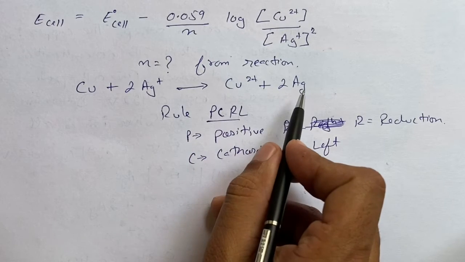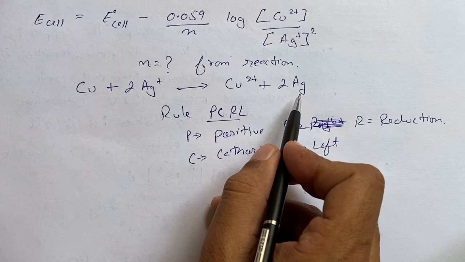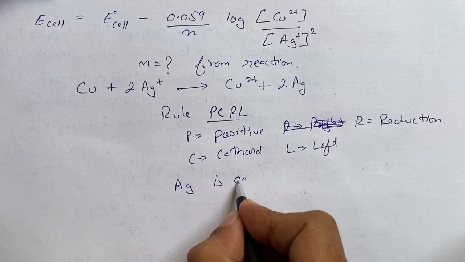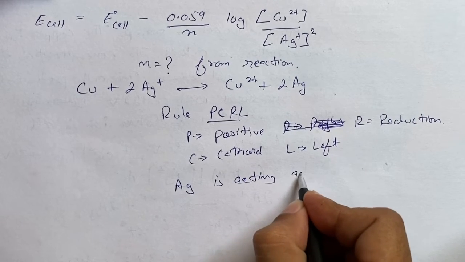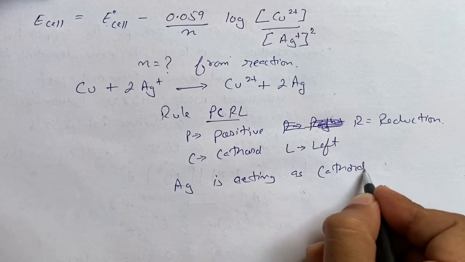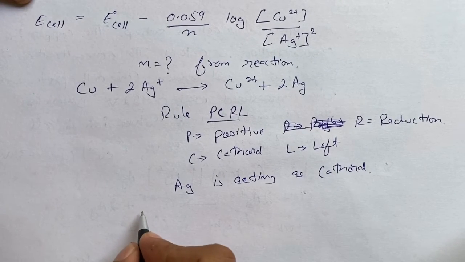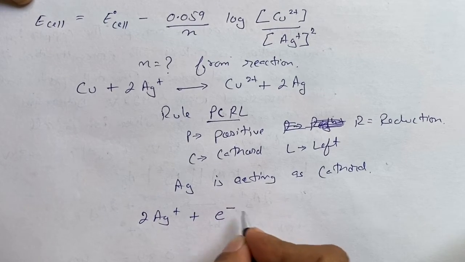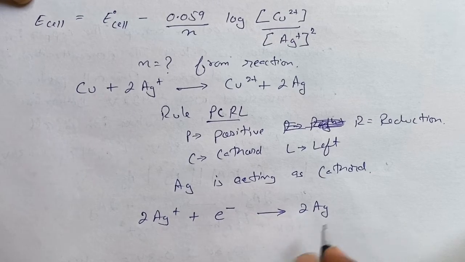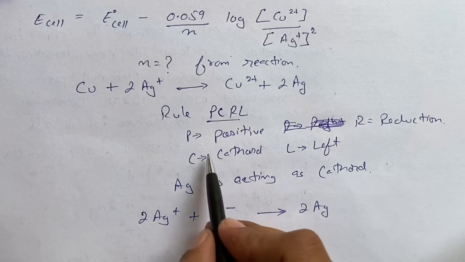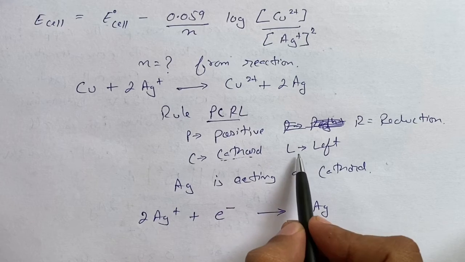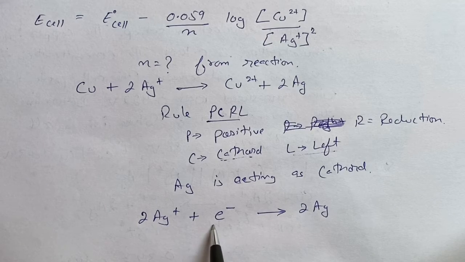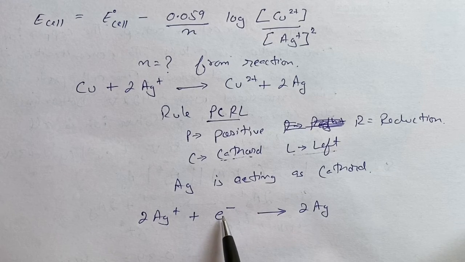As you know, Ag is acting as cathode, so break the reaction: 2Ag+ plus electron forming 2Ag. Now according to this, cathode is Ag, you have to add the electron on the left side of the arrow.